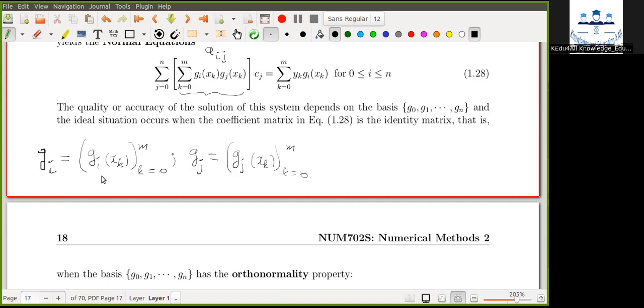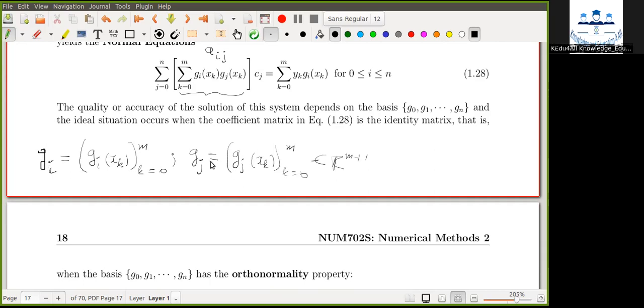You agree with me that this is a vector in R^(m+1). So they are all elements of R^(m+1) because we start from 0.